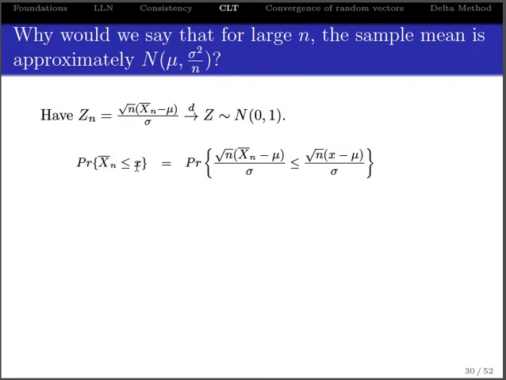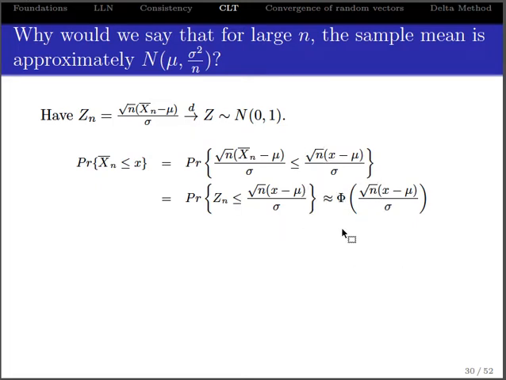I subtracted mu from both sides, multiplied both sides by the square root of n, and divided both sides by sigma. On the left side we have Zn, which is approximately standard normal. So this probability is approximately Phi, the cumulative distribution function of a standard normal, evaluated at the square root of n times (x minus mu) over sigma.